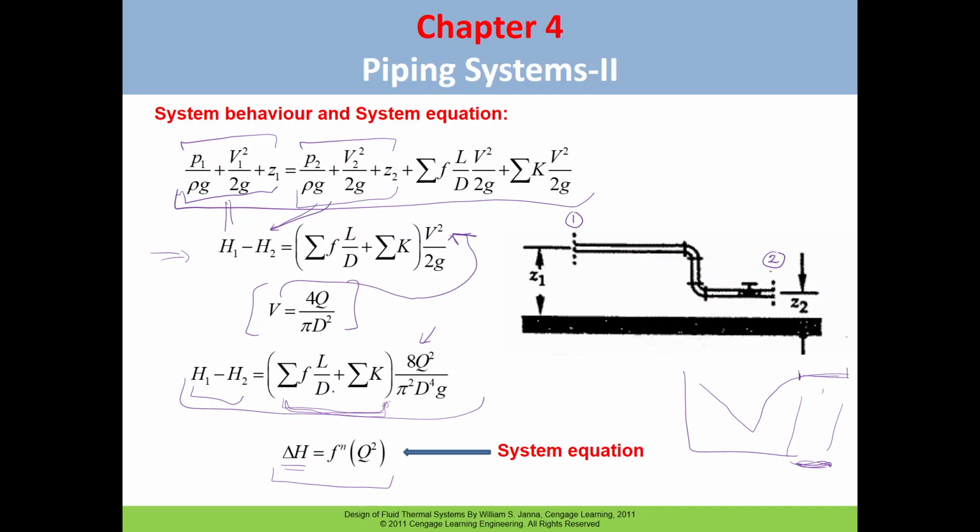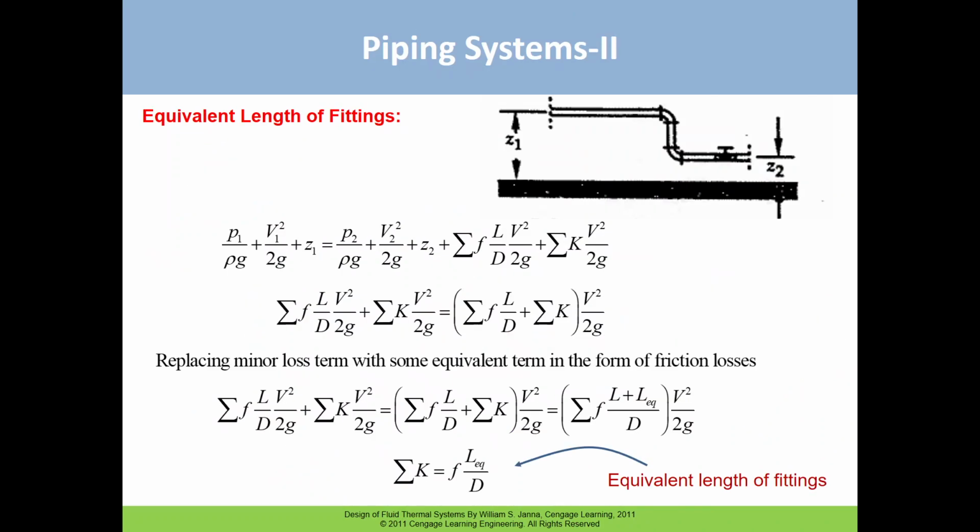All together they make one constant, and the only variable is the flow rate here. If you change the flow rate, that will change the head loss, basically the total head loss from section 1 to section 2. This equation we call the system equation, and when you obtain the curve for different values of Q, that is called a system curve.